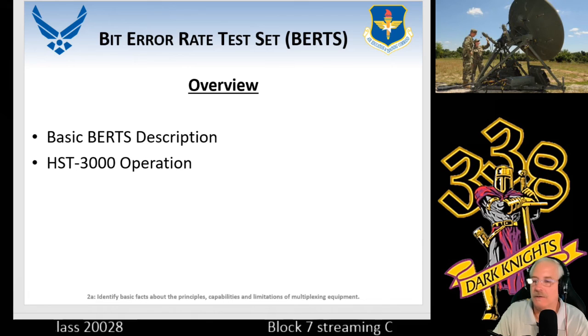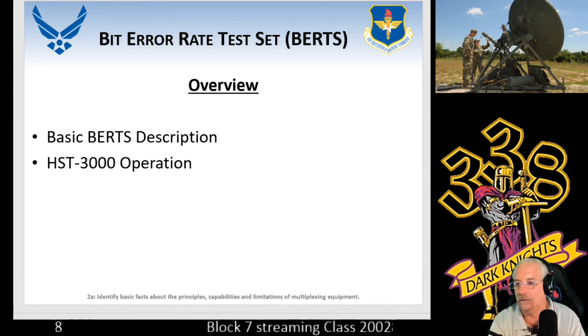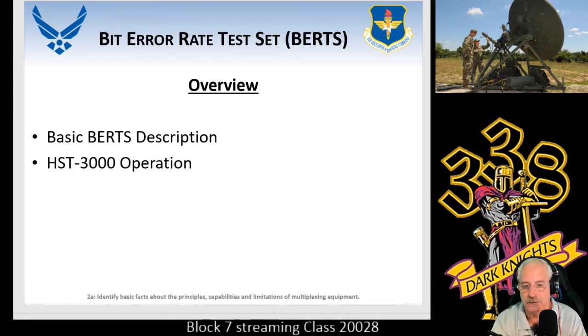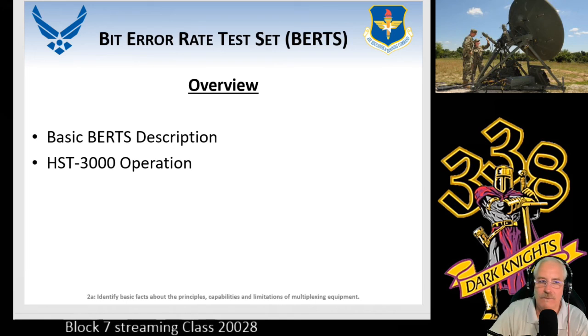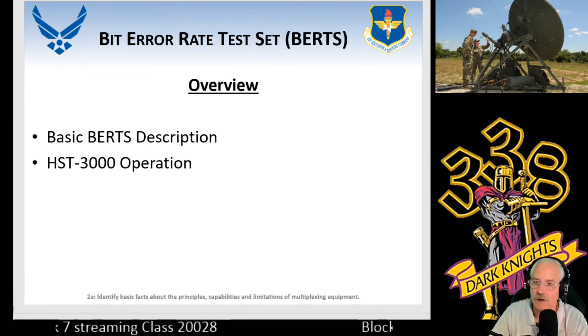With the basic BERTS description, we're looking at something that is very easy to get out of the study guide workbook. We also look at the HST 3000 operation. Most BERTS operate just like the HST 3000. So we're just giving you very, very basic information. This will not be available to give you on the test. Why?